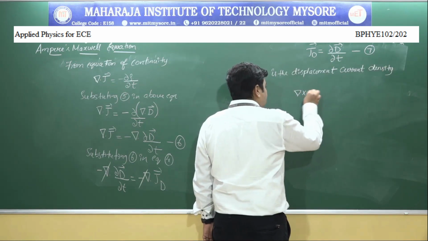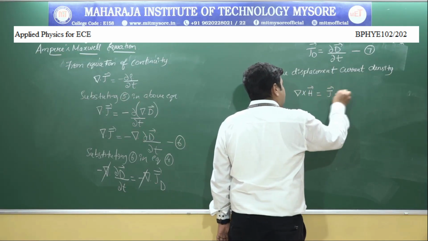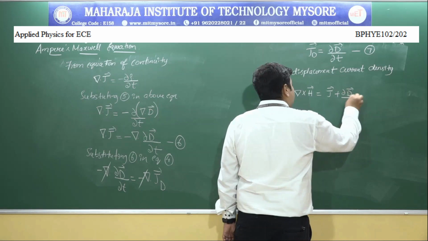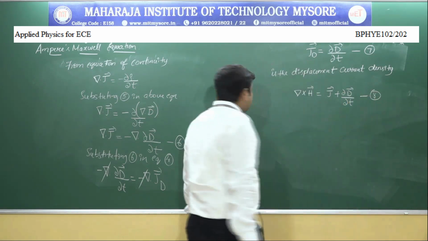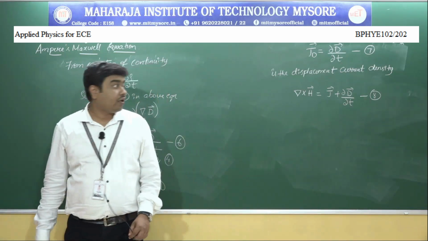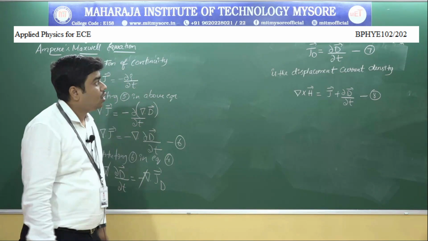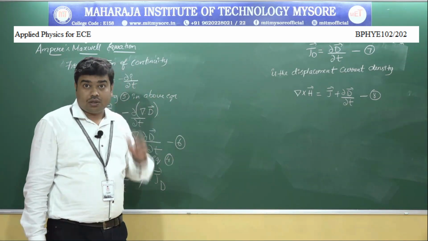Del cross H is equal to J plus dou D by dou T, we will call this equation 8. So, equation 8 is the Ampere's Maxwell's equation, where JD or dou D by dou T is the displacement current density.